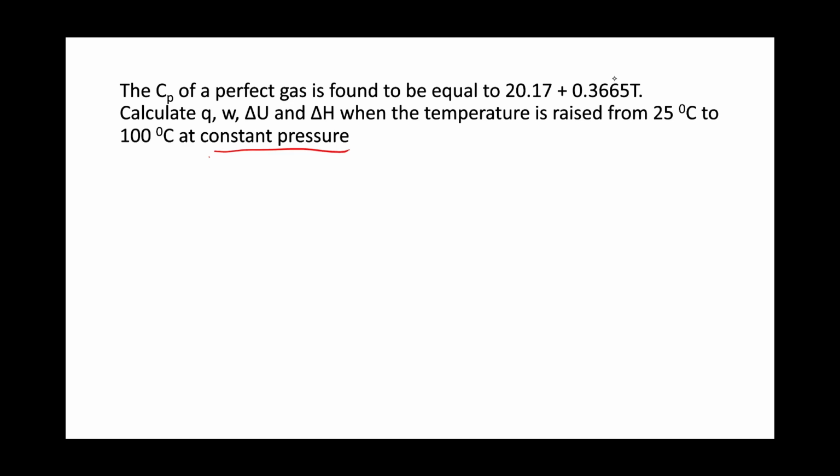So let's start off. Now we have CP, and we know that delta H is equal to CP times delta T, right? All right, and our CP is 20.17 plus 0.3665 T, basically, right?